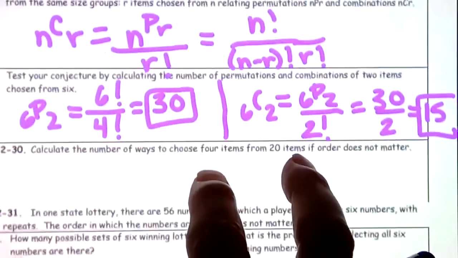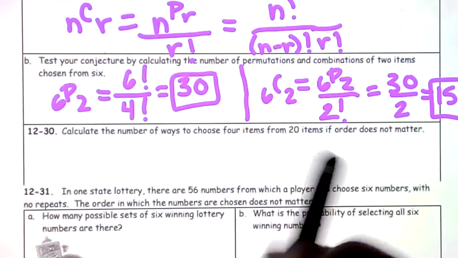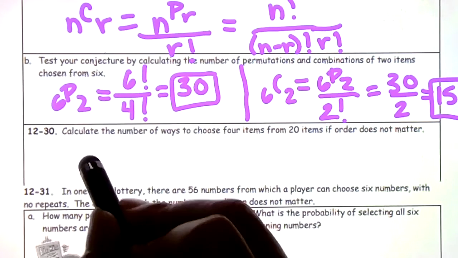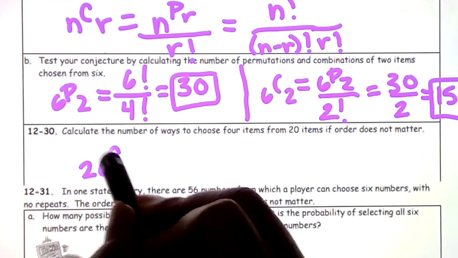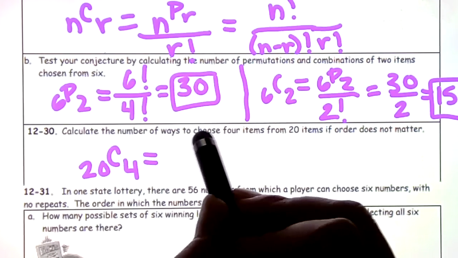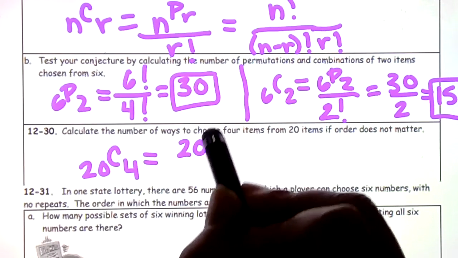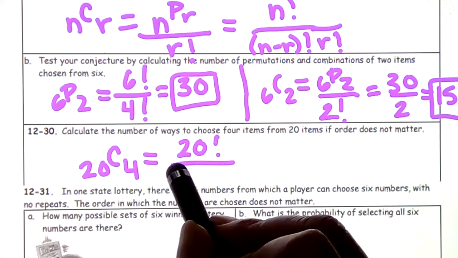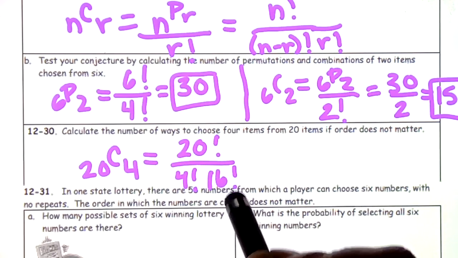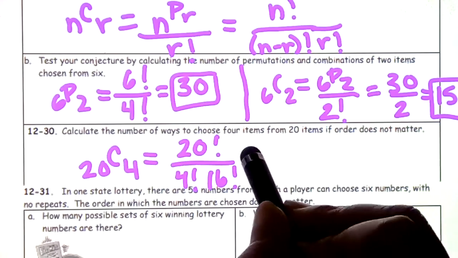So now calculate the number of ways to choose 4 items from 20 if order does not matter. So this is going to be 20 choose 4. Let me just write it in factorial form, and then we'll put it in the calculator. So this would be 20 factorial over a 4 factorial and a 16 factorial on the bottom.